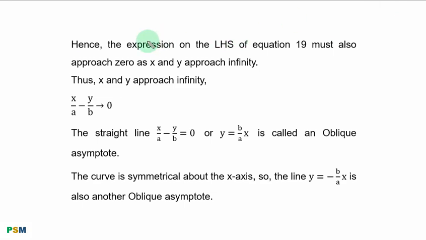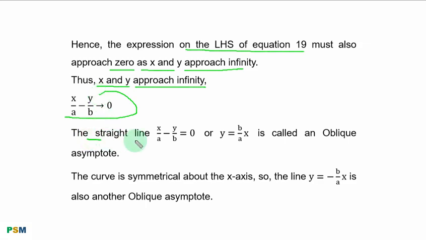Hence, the expression on the left hand side of equation 19 must also approach 0 as x and y approach infinity. For that reason, x over a minus y over b approaches 0.